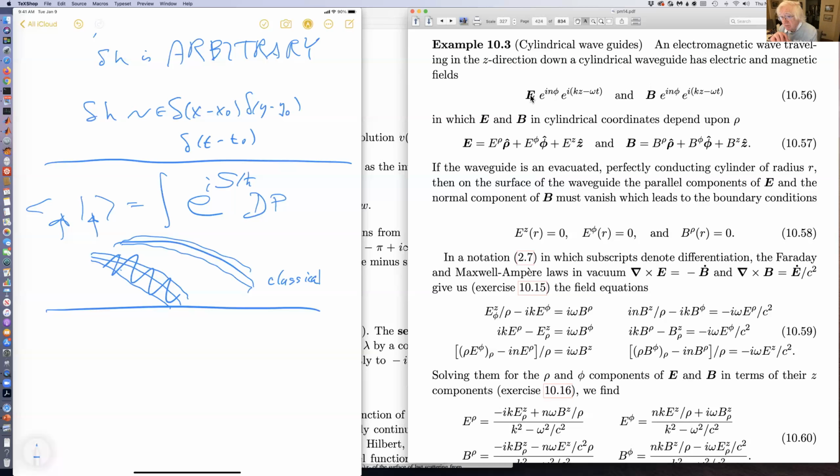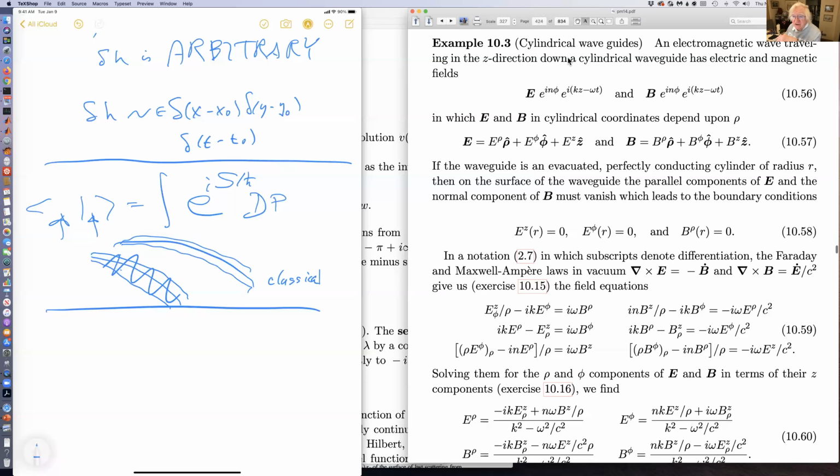Here E and B are vectors, but the z and phi dependence is given by these factors, which are sort of obvious. You've got to be periodic. Let me shift to a different color. Let's go to red.